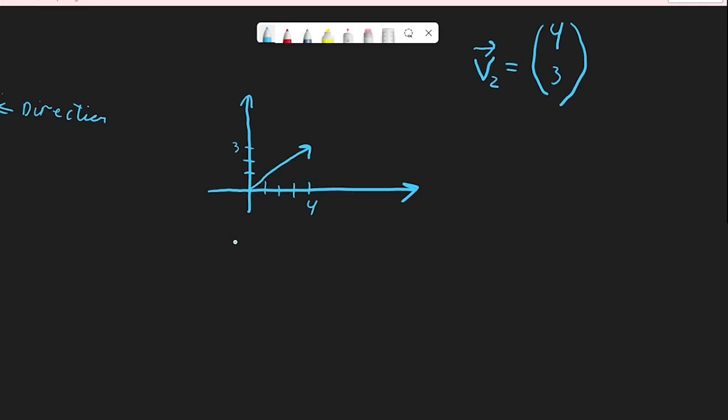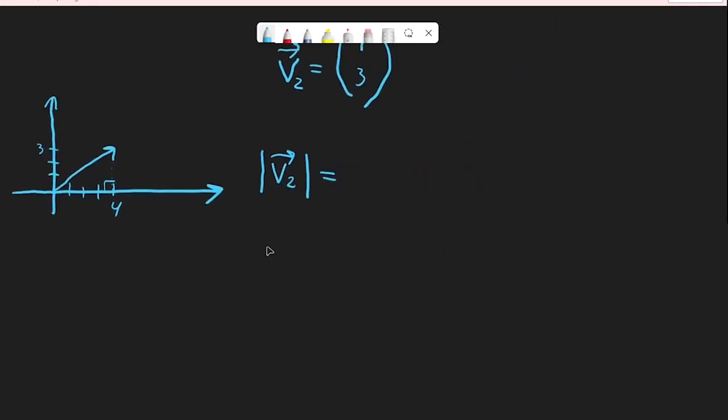If we look at this, then we can see there's a right triangle here. So we can use Pythagoras theorem to calculate the length of this vector. And when we want to calculate the length, we use such a line here, vector 2, and a line here.